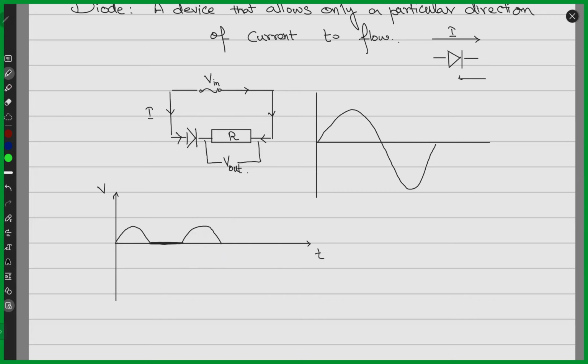And then this keeps on happening. Again, the current changes its direction in the opposite way, and the diode does not allow that current to flow, so the potential drop again is 0. And then again, when it changes its direction, there is some potential drop. This type of thing is called half wave rectification.